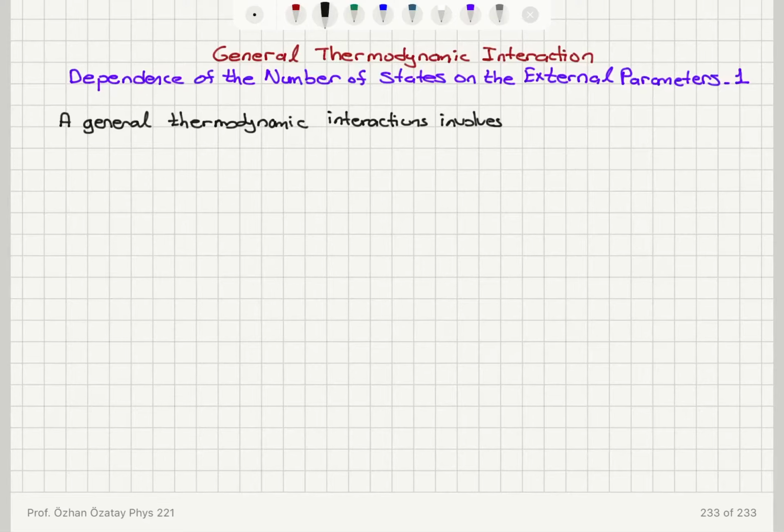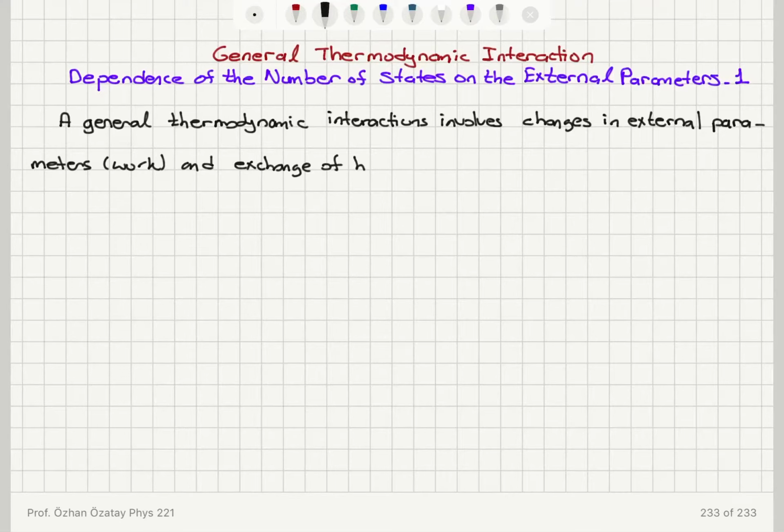So we can basically formulate this by saying involving changes in external parameters that results in work done on the system and exchange of heat.